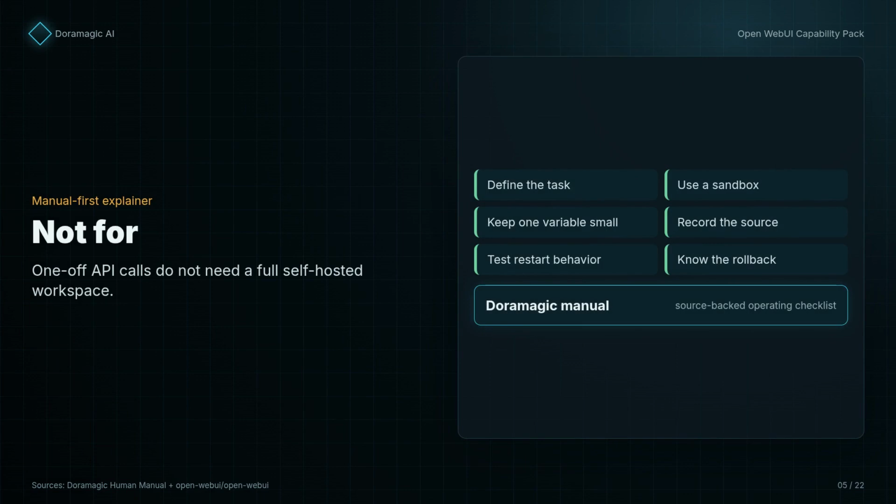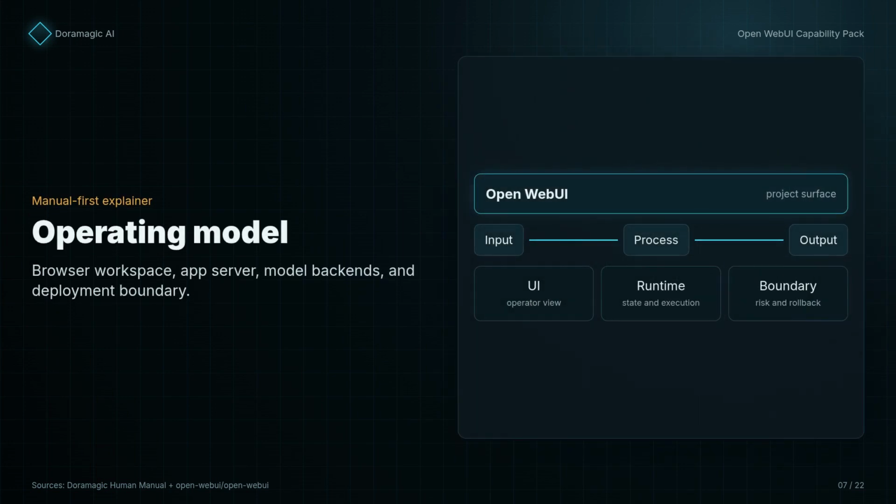It is not the right starting point if you only need one model API call. The Doramagic project page breaks the value into concrete checks: Docker deployment, volume review, authentication configuration, model backend validation, OpenAI or Ollama endpoint checks, and recovery guidance. That is a more useful lens than asking whether the UI looks nice.